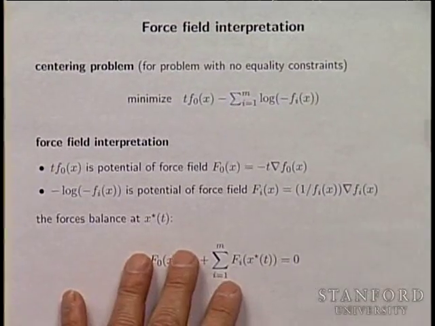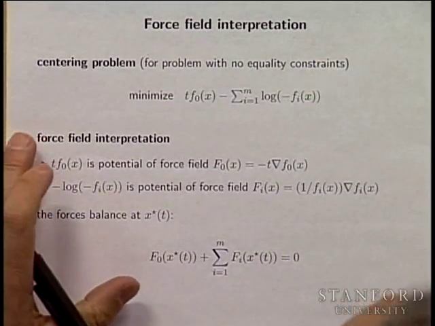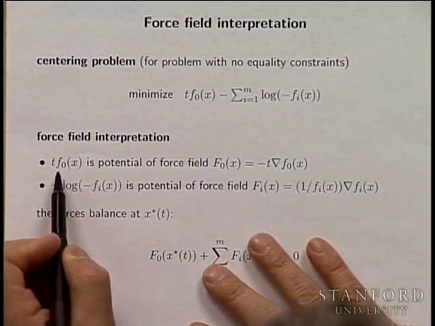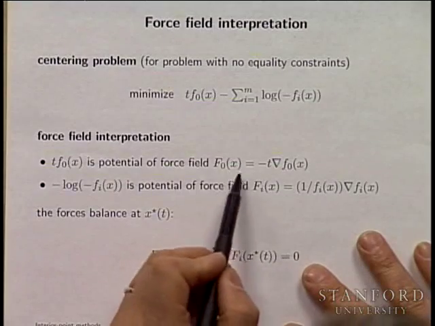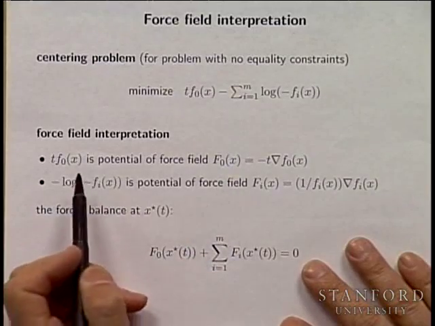Okay. Now, you can also think of this in terms of, there's a nice force field interpretation, and that's this. Forget the equality constraints to make it easy. Here's what happens. What we do is we have a force field here, which, well, we have a potential.